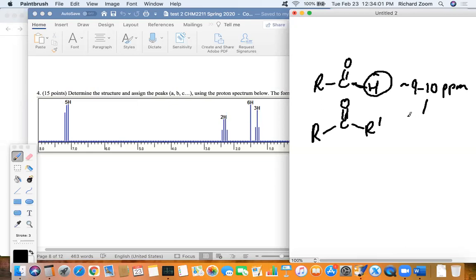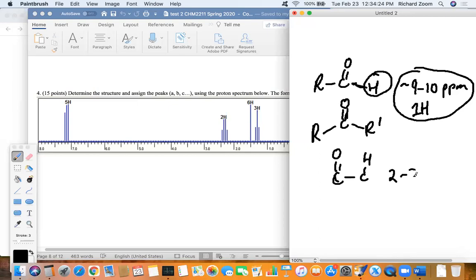I guess it wouldn't have to be a single peak. It might be a multiple peak, but there will definitely be a 1H at around 9 to 10 ppm. With the ketones though, anything that's close to a C double bond O, so CH connected to a C double bond O, you'll usually see between 2 to 3 ppm.